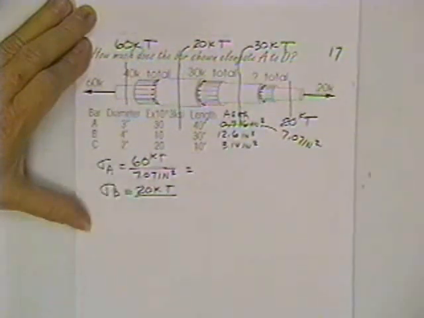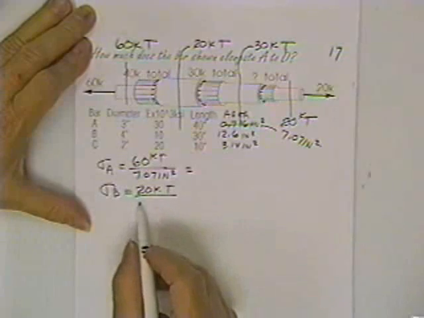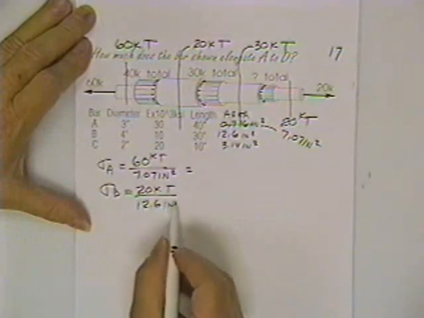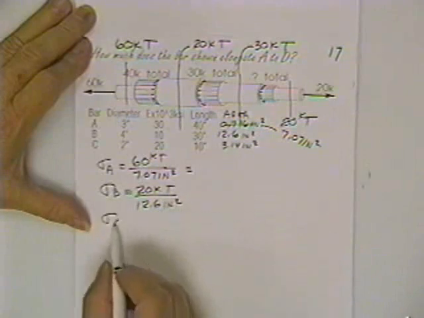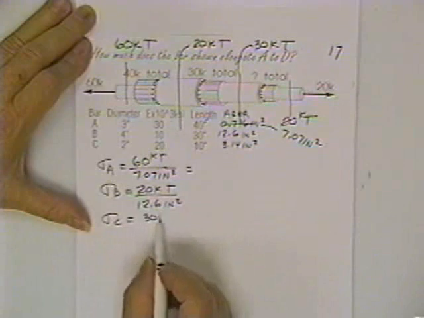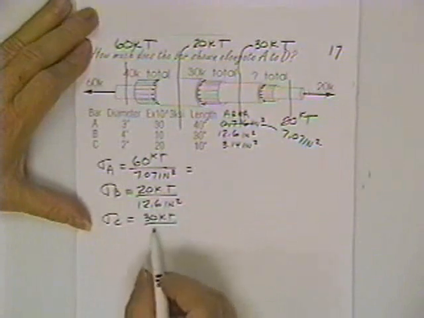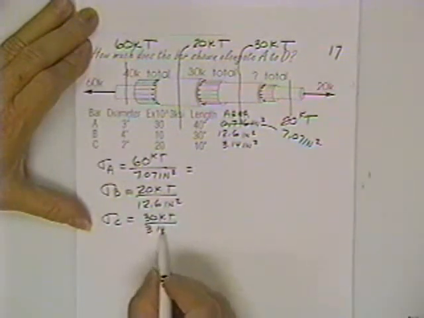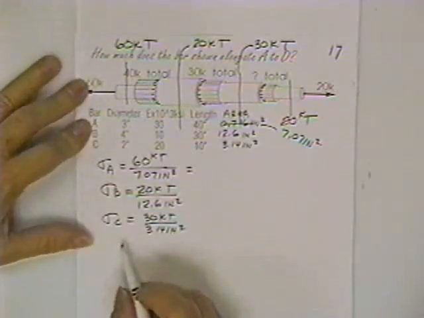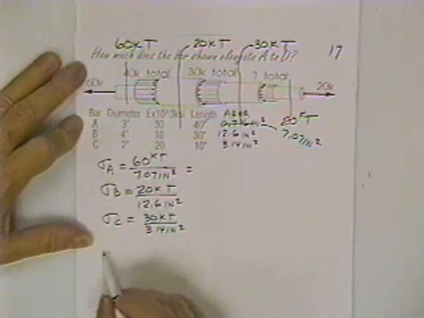It doesn't have one bar diameter there. Doesn't matter. 12.6 square inches of steel. And the stress in PC would be 30 kips of tension divided by 3.14 square inches of steel. He hadn't told us what the last bar piece is, how big it is, but it doesn't really matter. We get it in the same fashion.